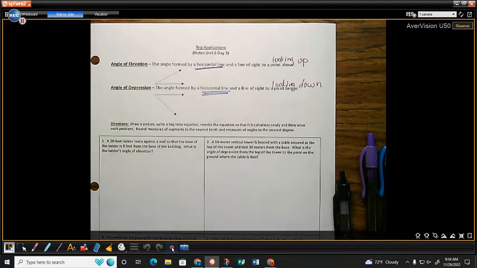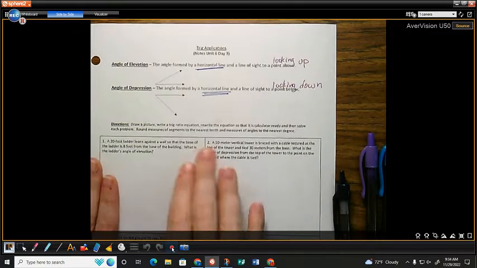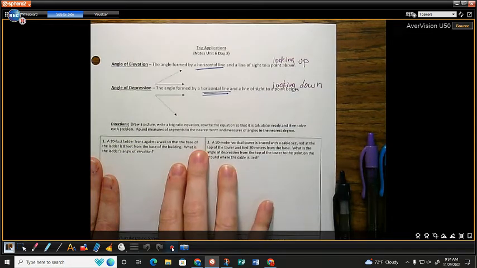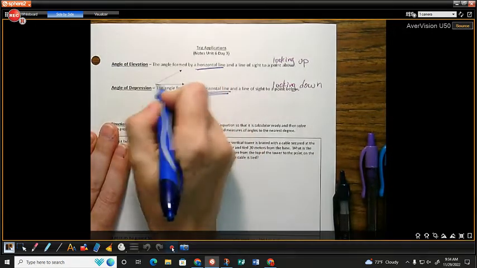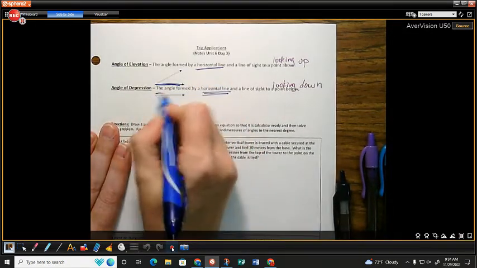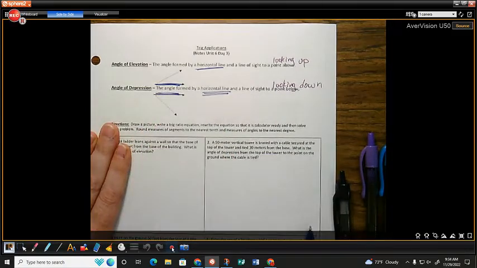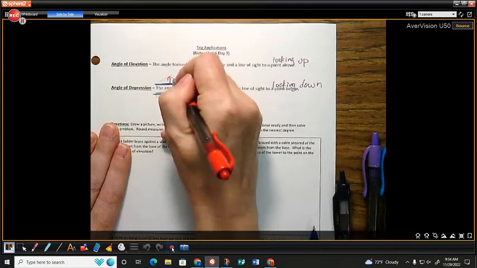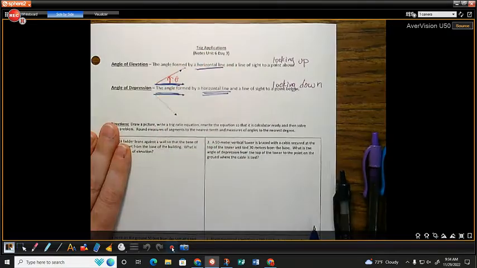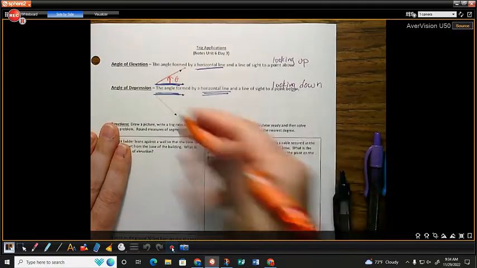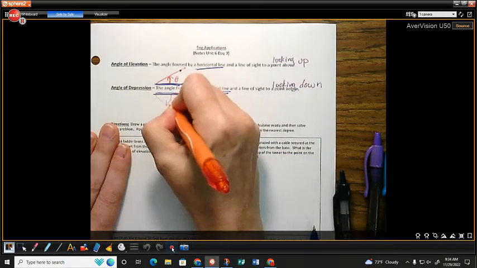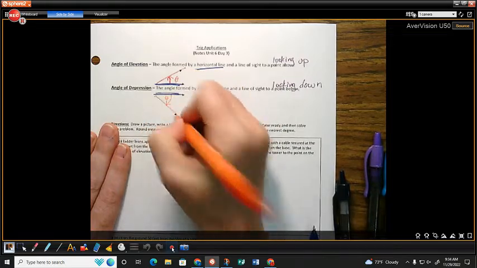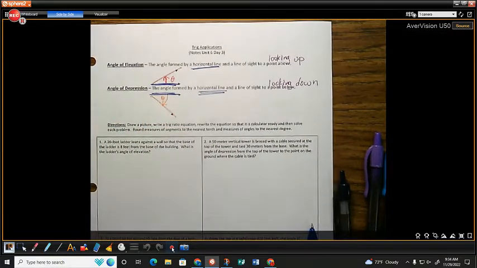No. No, but if you had Photoshop, could you put it in? Yes. Yes, you could. That's going to be the key to solving all of these problems, is being able to find what is my horizontal line, and then for angle of elevation, you will go up from that horizontal line to get an angle. And for angle of depression, you will go down from that horizontal line to make an angle.